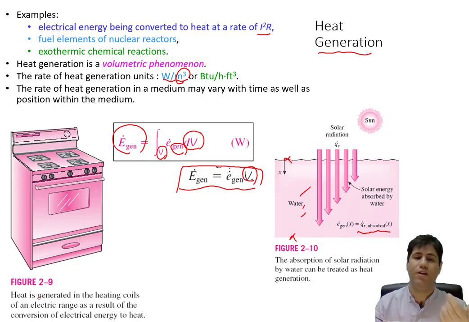Then e dot generated times V will be the total heat which is generated, the rate of heat generation for that wire. The other example is the heating coils for an electric oven, for example, which, due to this phenomenon which I have already explained to you, have heat generation inside the coils, and we need to consider that as well.